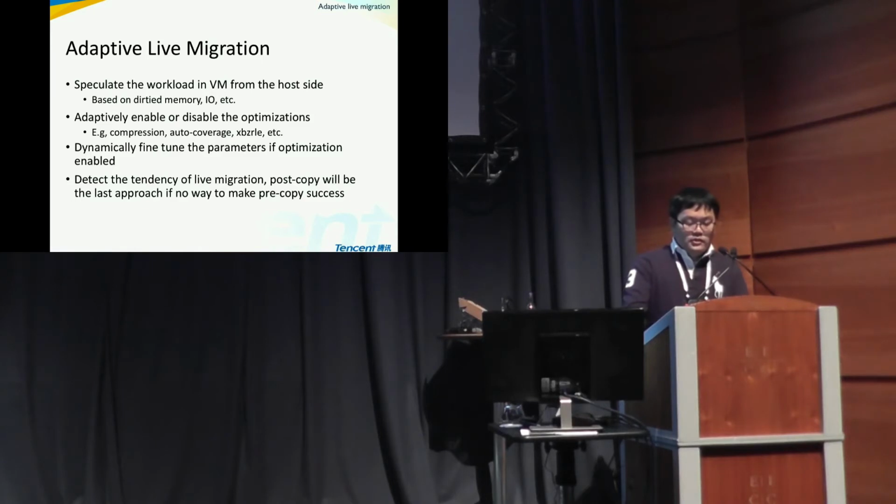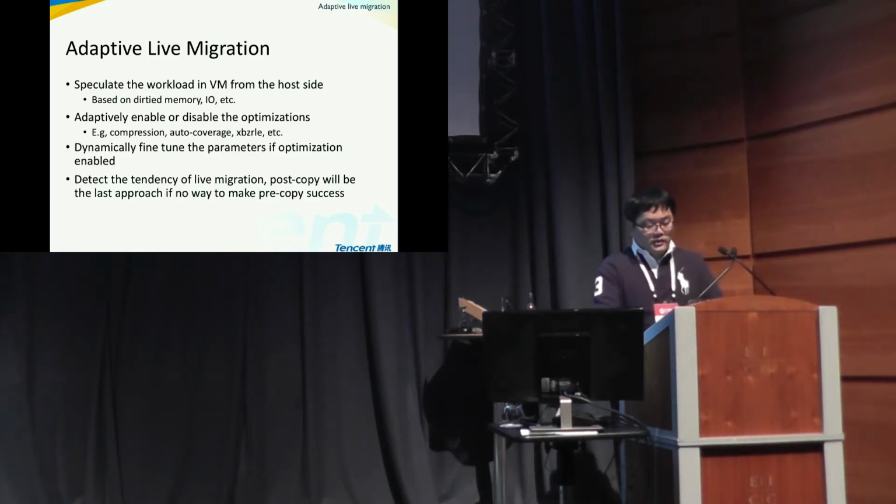After enabling an optimization method, we will dynamically fine-tune its parameters to make the migration successful. Last, if there is no way to make the PreCopy successful, we will turn on the Postcopy.